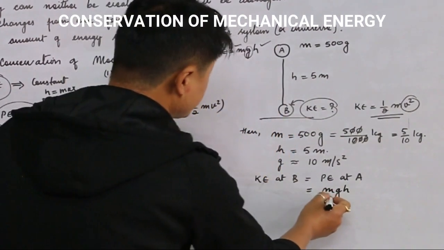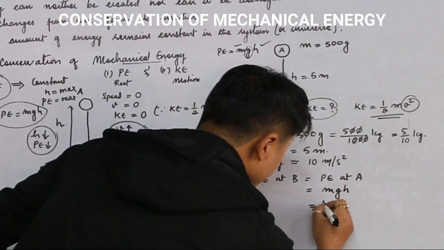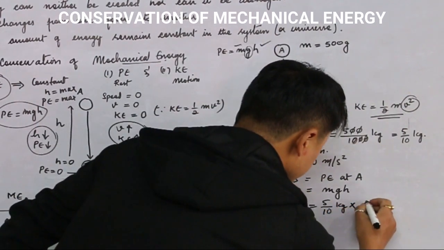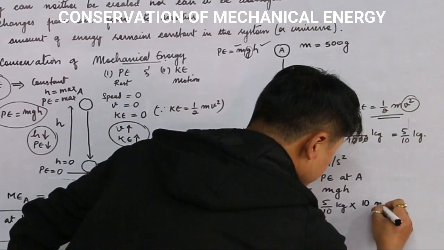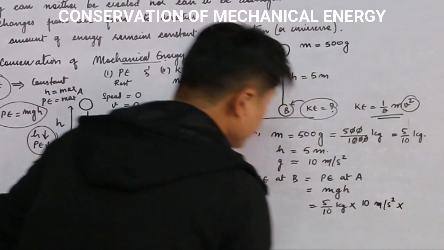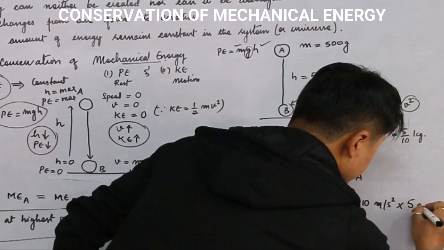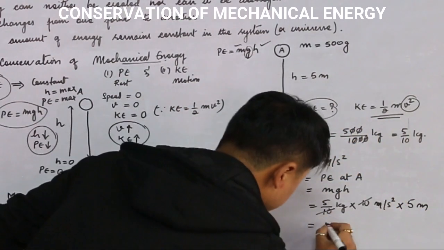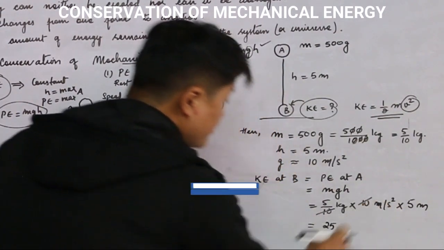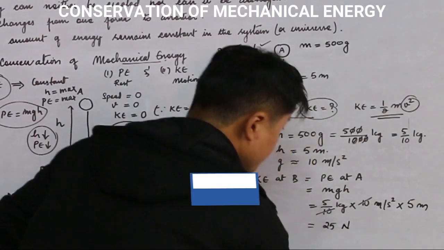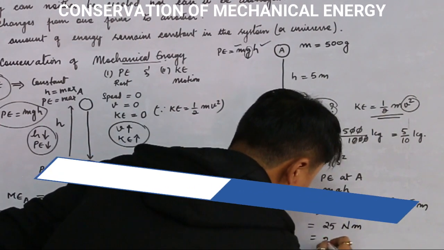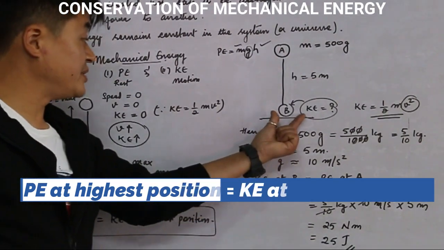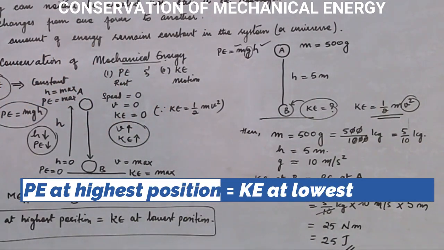This is equal to: m is 5 divided by 10 kg, into g is 10 meter per second square, into height 5 meter. This 10 gets cancelled. 5 fives are 25 kg meter per second square, which is Newton, and Newton meter is 25 joule. So kinetic energy at B is 25 joules.